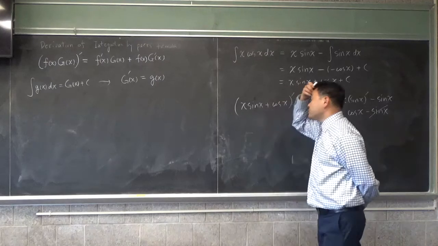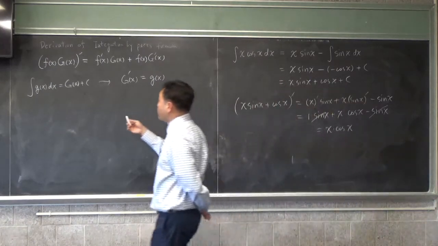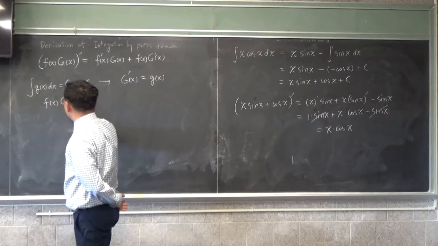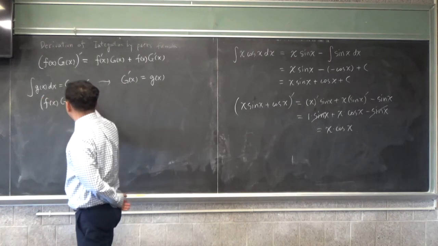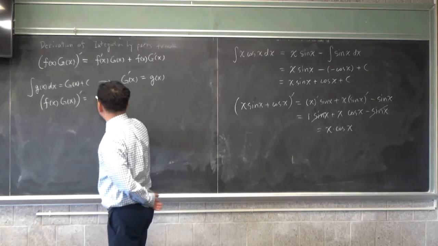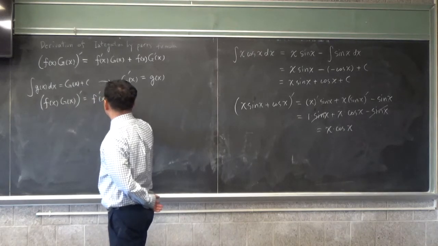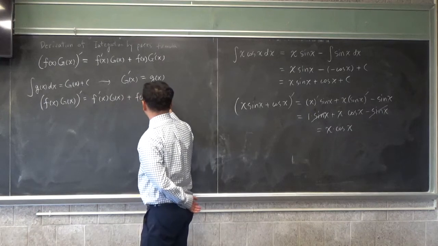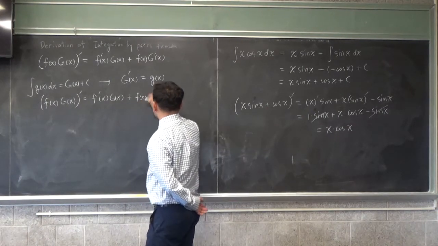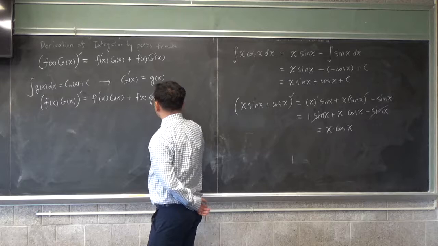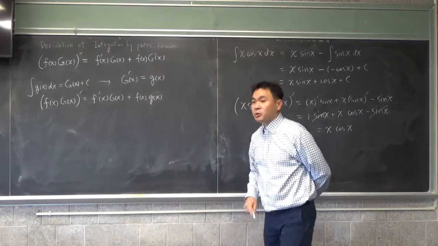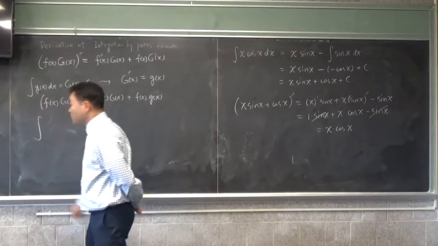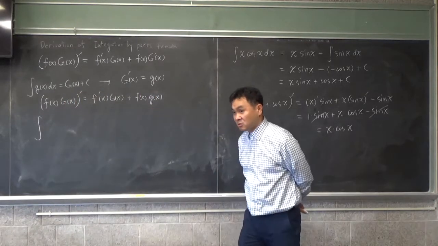Okay. So now we have the following identity. This will be f G. And we're going to turn this into an integration statement. So can you tell me the integral statement?